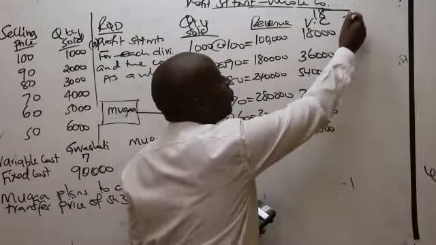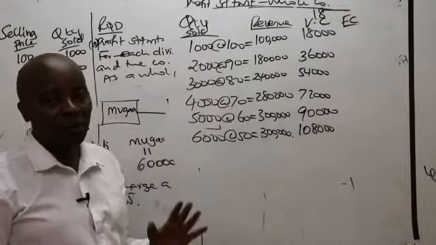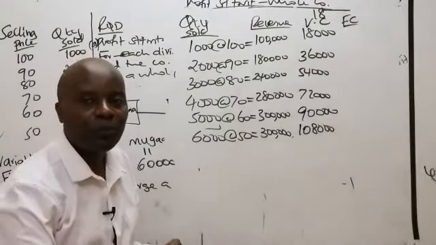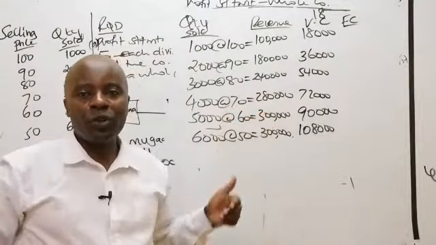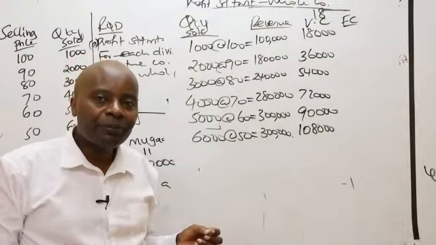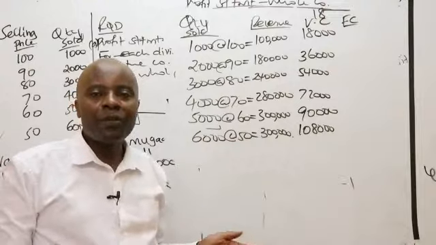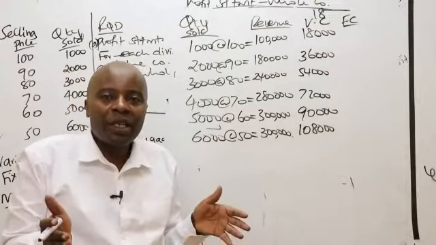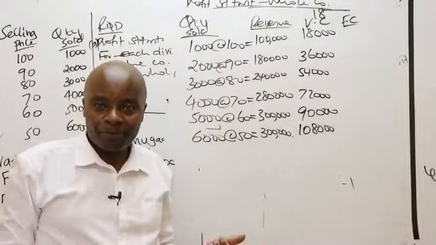From there, you go to the fixed cost of the farm. What do we have over there? Fixed cost of the whole company: 150,000. Fixed cost can never have any transfer price in it.